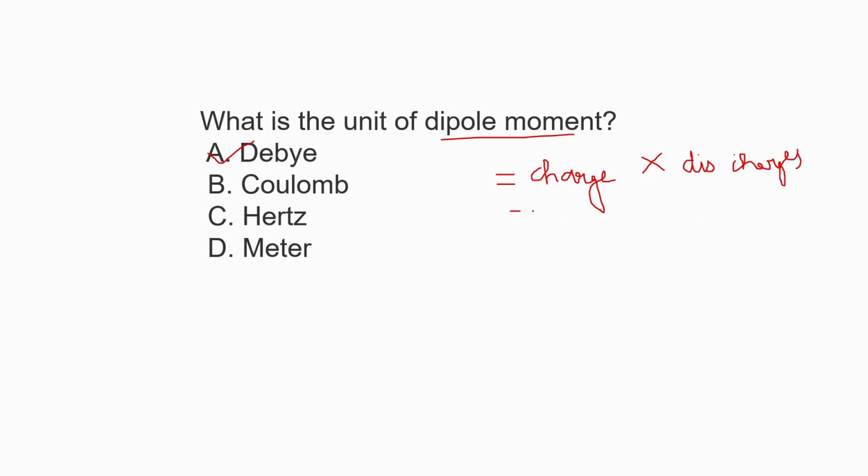So the charge is given by coulomb C, and distance is given by meter. So this is coulomb meter, but we have a separate unit for this coulomb meter, which is called debye, and this is the unit of dipole moment.